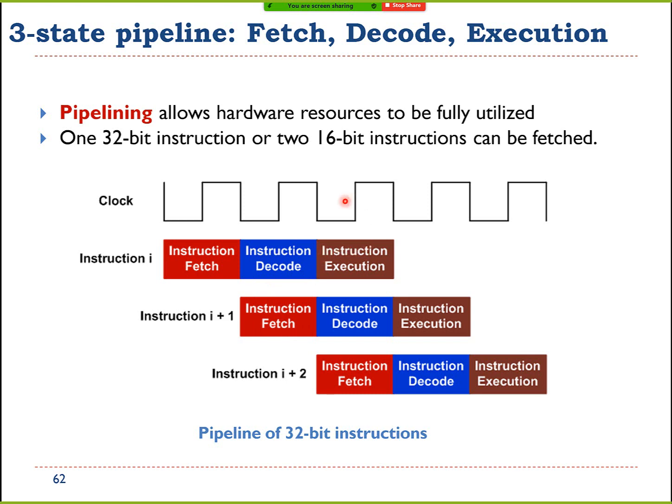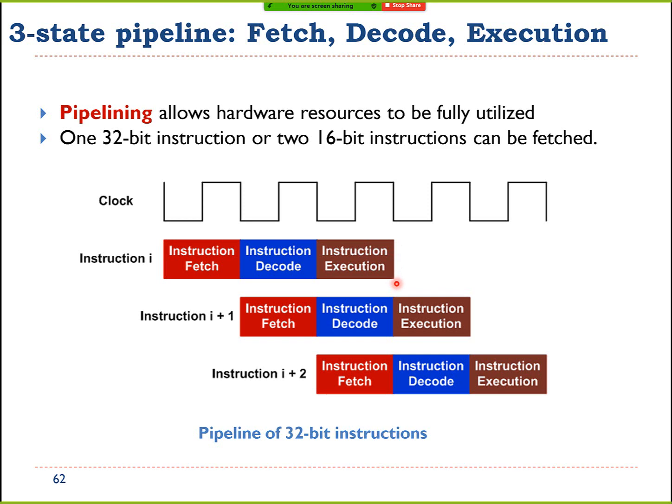And on the third clock cycle, while it is executing the instruction I, at the same time it can decode the instruction I plus 1, and at the same time it can fetch another instruction called I plus 2. So in a way it is doing these 3 operations at the same time using this pipelining, right? It does not wait until execution.